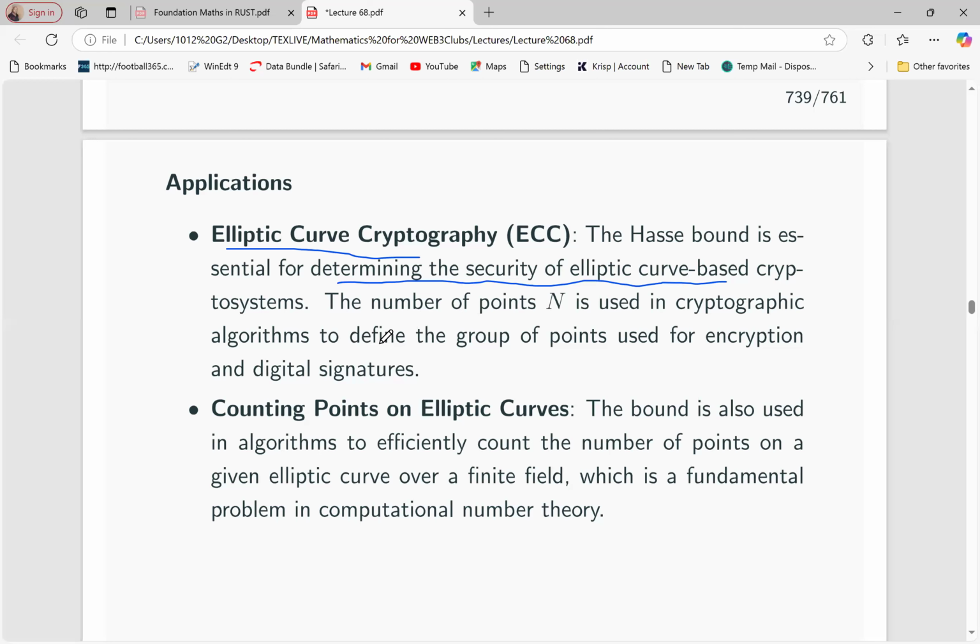Because in these cryptosystems, we are securing our system using encryption and decryption, and we are doing that by picking a point. A point becomes, of course, our key, and that becomes our private key, and from this we also have a public key.